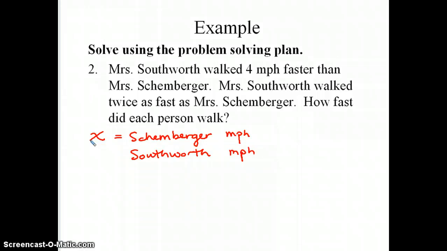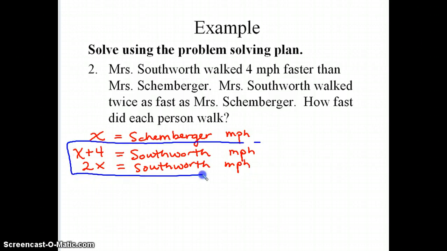Using the first sentence, Southworth walks 4 miles faster, so I go x plus 4. And when I read the second sentence, I notice that she walks twice as fast as Schemberger. So now, after I've defined my variables, I notice that I have two that are the same. They both represent Southworth.